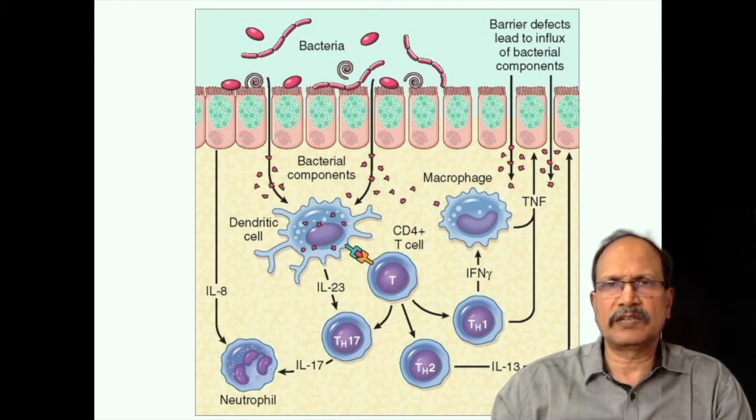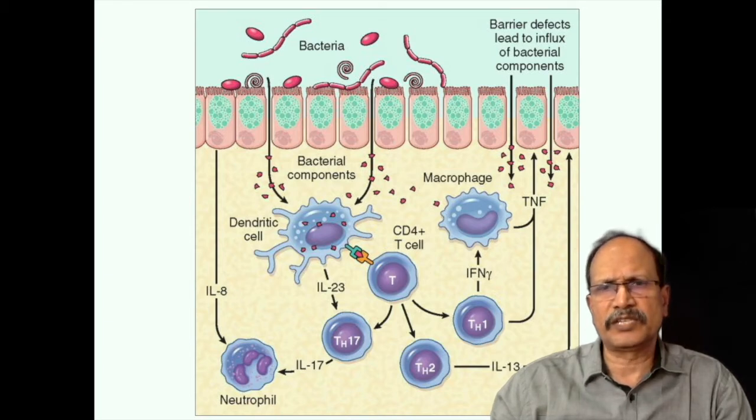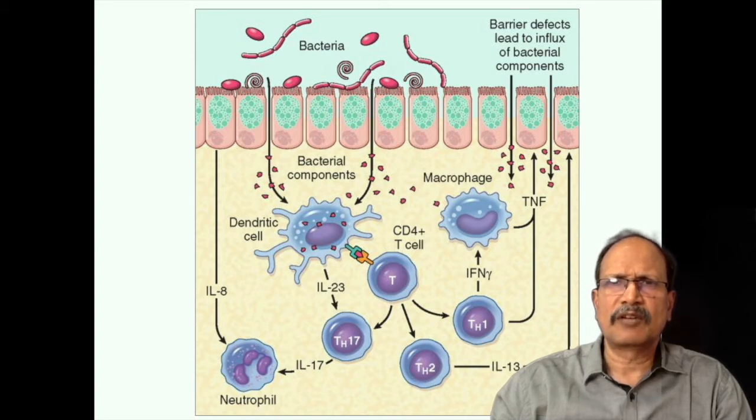Once this permeability is increased, the bacterial components may enter into the subepithelial region, and this initiates inflammatory reaction wherein macrophages, T cells, B cells will come into picture and produce varieties of cytokines, which may affect the overlying epithelium, causing more permeability.